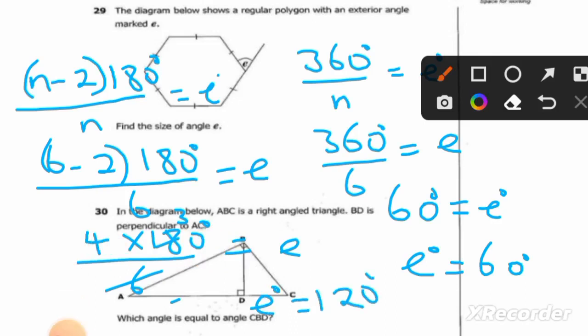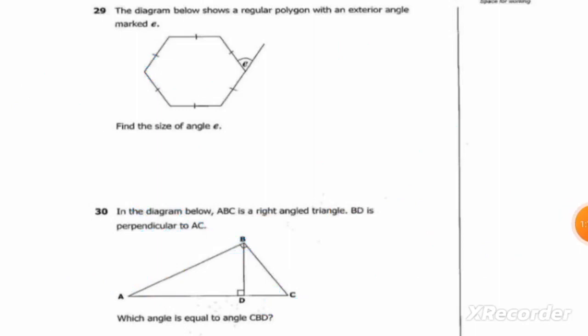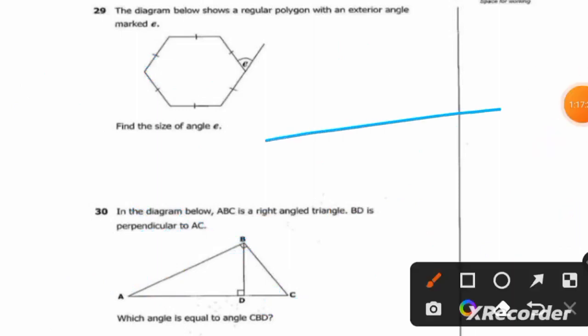Then we can use the interior angle to find the exterior angle. We know that angles on a straight line add up to 180.